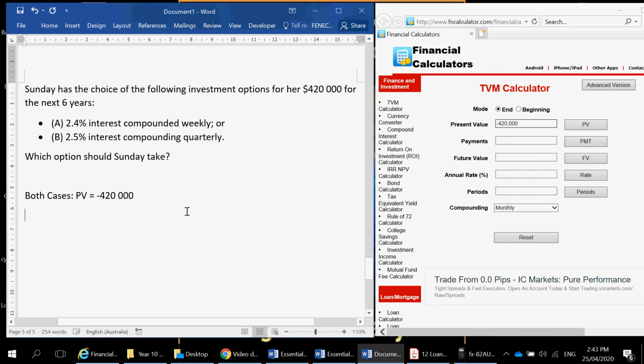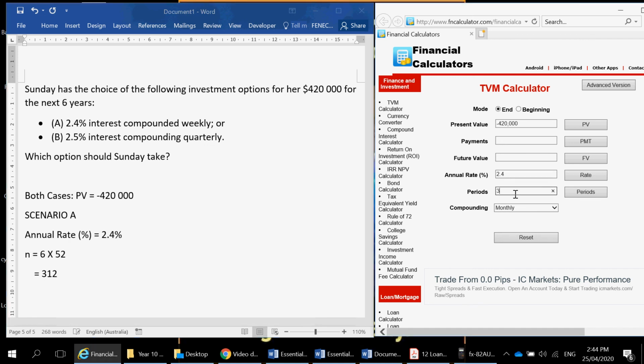Right. So scenario A, we have an annual rate as a percent, it's 2.4. So we can put in 2.4 and it was compounding weekly, so N, the number of time periods. So it was 6 years, and how many weeks are in each year? 52. So N will be 312 if you put that in your calculator.